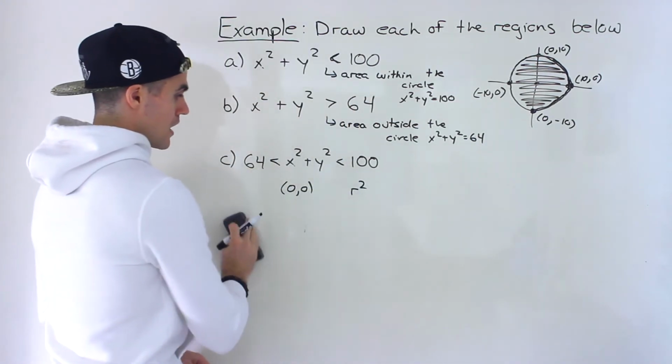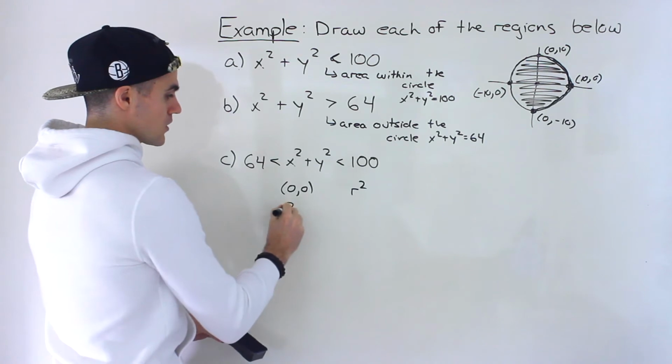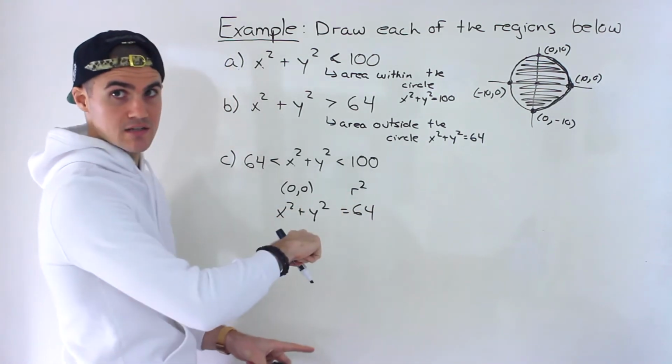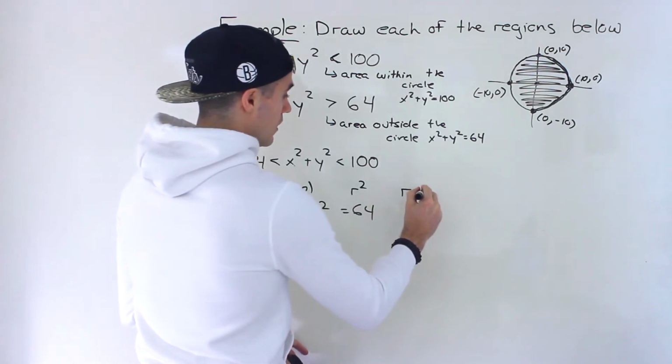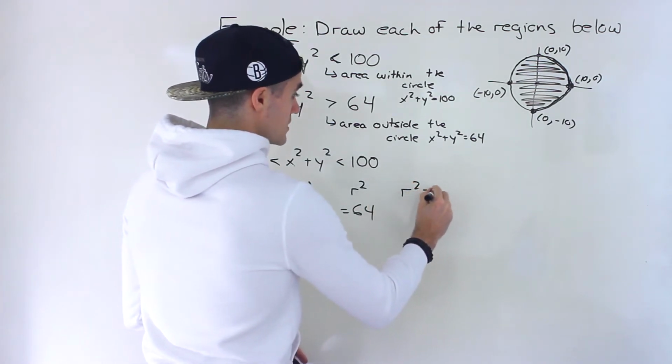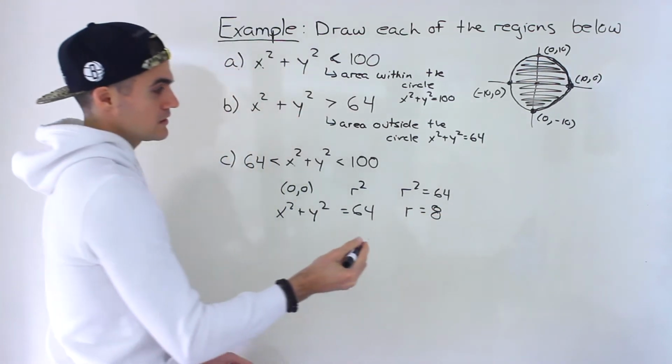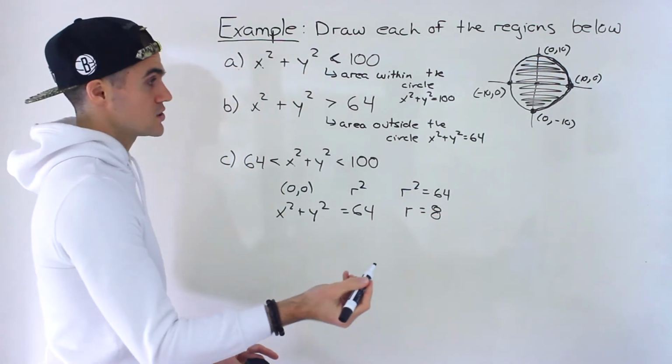Working with that, what's the radius of this circle going to be? Well, r squared is equal to 64, so r is just going to be 8, since the square root of 64 is 8.